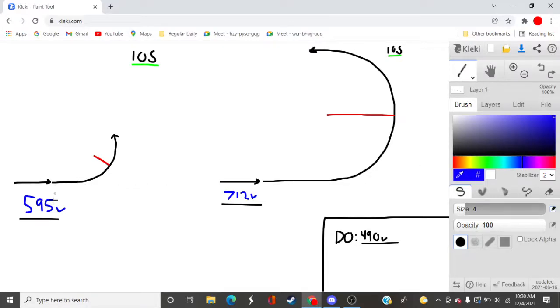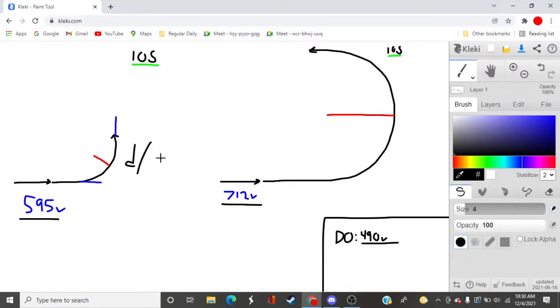Here we have the guy going 595, and he starts off facing this way, and he ends his 10-second turn facing this way. That's roughly a 90-degree turn, right? So you would do 90 degrees divided by 10 seconds, and you would get a turn rate of around 9 degrees a second. So this guy has a turn rate of 9 degrees a second.